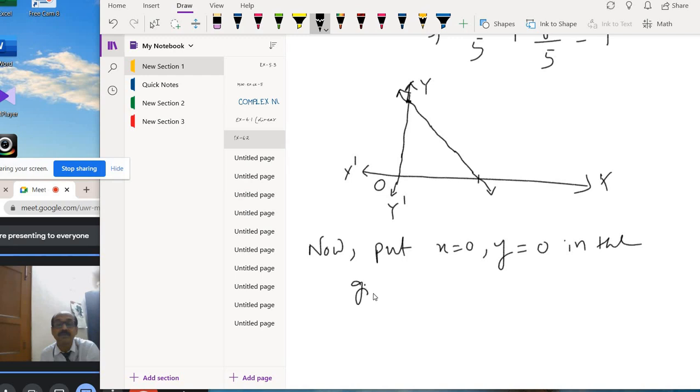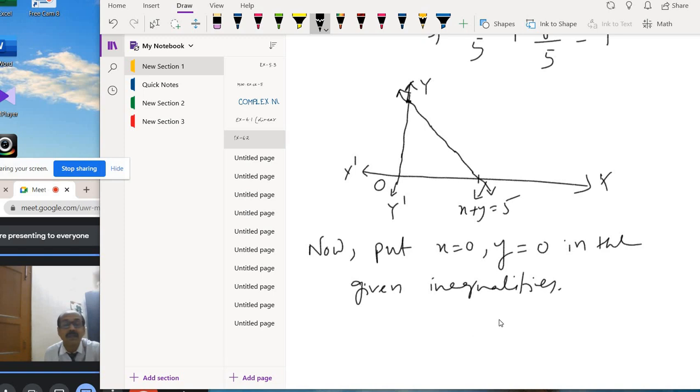Sir, it will be a true statement, sir. 0 is less than 5. Okay, and this is x plus y equal to 5. You can write here, this equation. This is actually the line x plus y equal to 5.